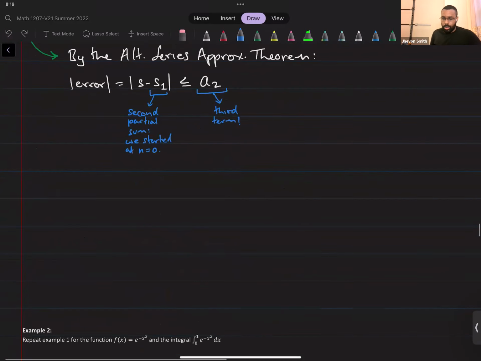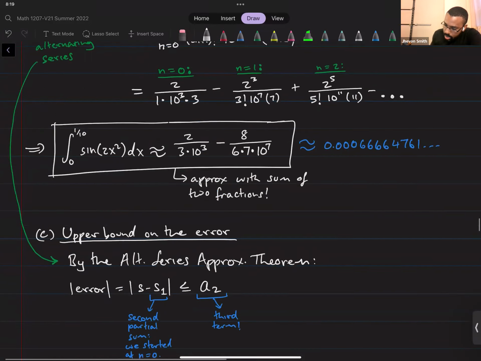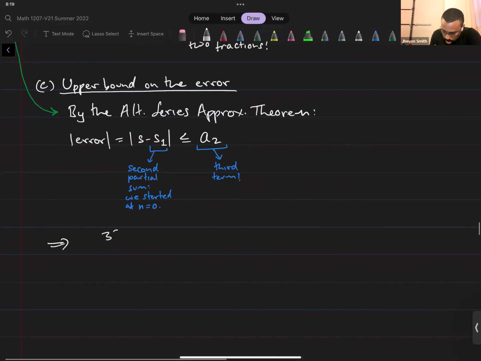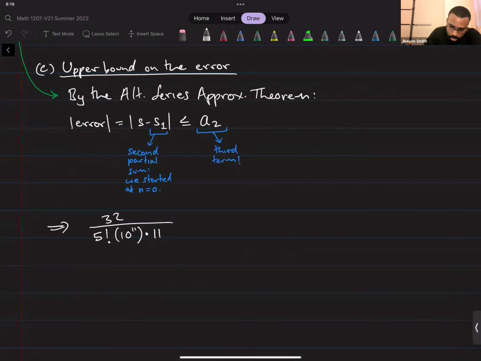And so I would be able to say this means an upper bound on the error is going to be this fraction, 32 over 5 factorial times 10 to the 11 times 11, is an upper bound on the error.